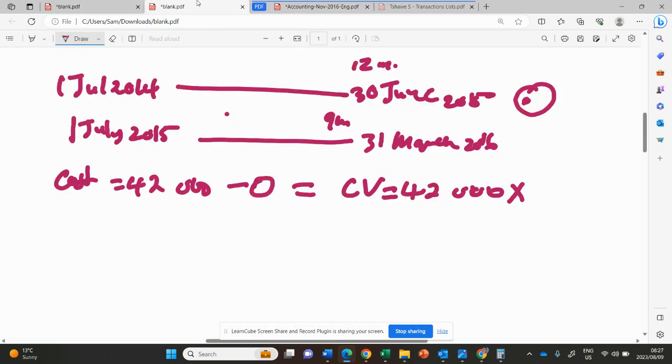So 10% of 42,000 is 4,200, times 2 is 8,400. This is apportioned by 12 divided by 12. That's the first one.